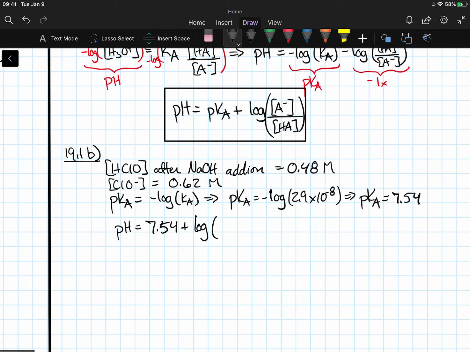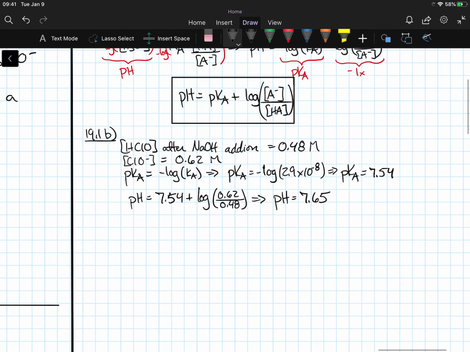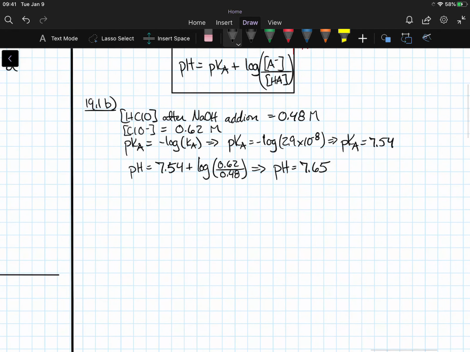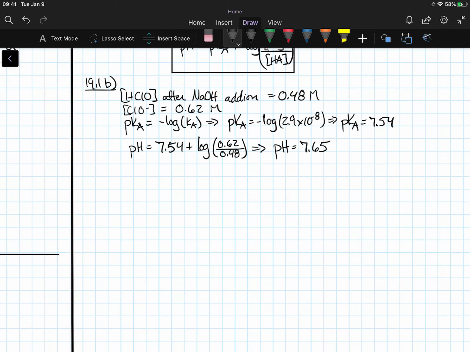The concentration of the conjugate base, A minus, or ClO minus in this case, was 0.62, and the weak acid was 0.48. After we run that in our calculator, we get that the pH is equal to 7.65, which is roughly the same value as we got by doing the full ICE table and estimation. So that saves us a lot of work and a lot of steps.